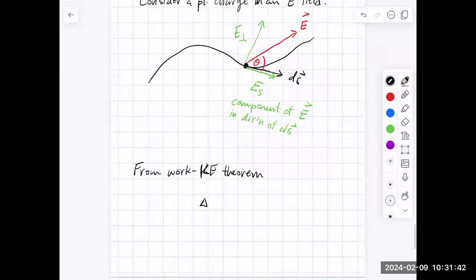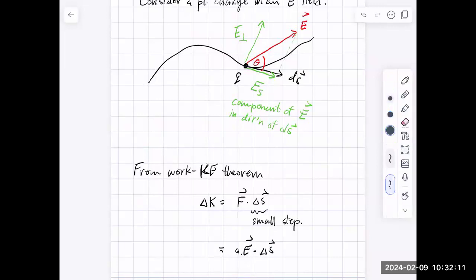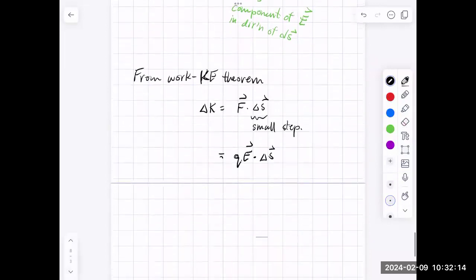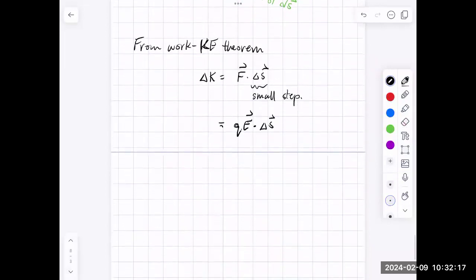So if we do that, the change in kinetic energy is F dot delta S, and this is going to be a small step. This is a little charge Q, so the force is just going to be Q times E, and then we have to do our dot delta S. And what about the left-hand side?